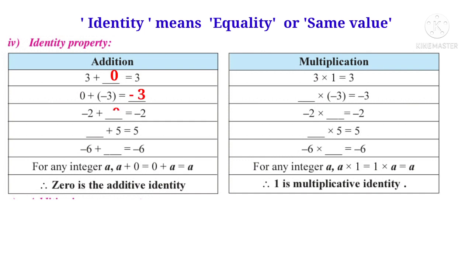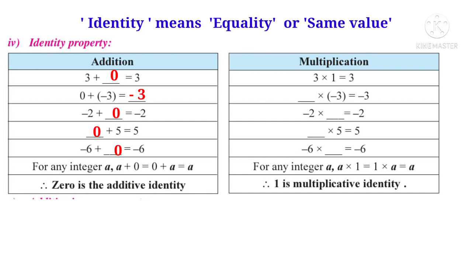Minus 2 plus 0 gives minus 2. 0 plus 5 gives 5. Minus 6 plus 0 gives minus 6. That is, there is no change in the number. So for any integer a, a plus 0 is equal to 0 plus a is equal to a. So therefore 0 is the additive identity.